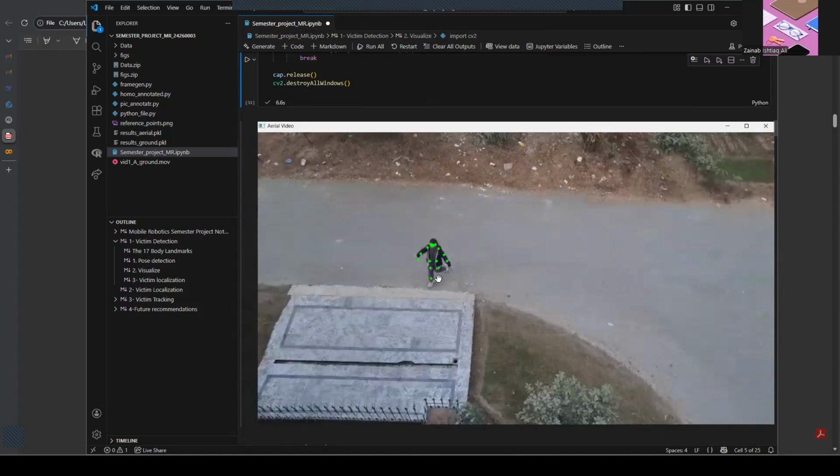Because of these reasons, we cannot pass all these 17 landmarks through our filter and localize it. So instead of using these 17 landmarks, we'll just be using one coordinate to identify where the person actually is.